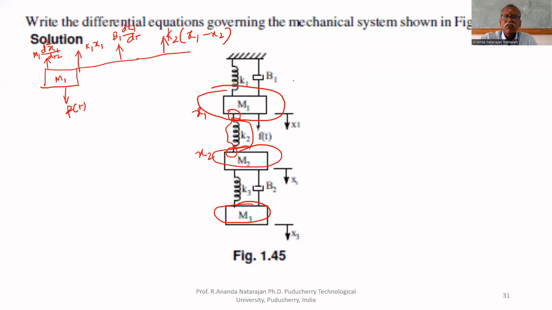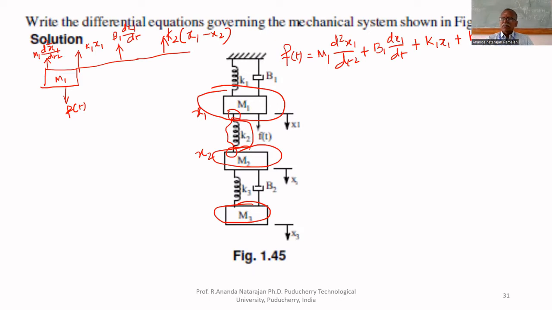Therefore, the first mathematical equation for the mass M1 is F of t, the applied force, equal to M1 d square x1 by dt square plus B1 dx1 by dt plus K1 x1 plus K2 times x1 minus x2.